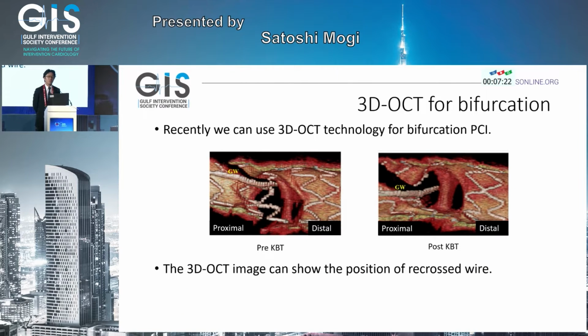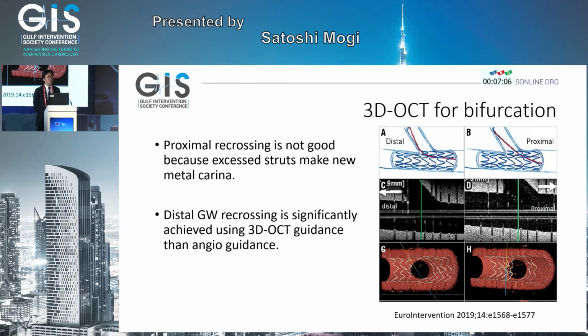This is a 3D OCT image. Maybe you can use this technology in your catheter laboratory. And the OCT image can show the position of the recrossed wire. As you know, proximal recrossing is not good because excess struts make a new metal carina, and distal guidewire recrossing is significantly more achieved using 3D OCT guidance than angio guidance.